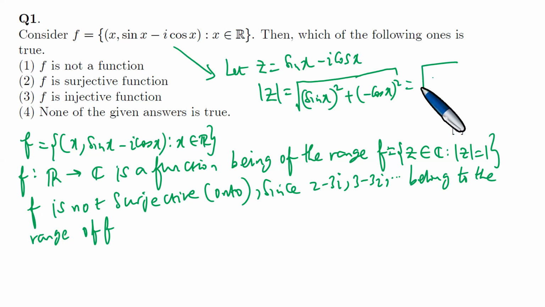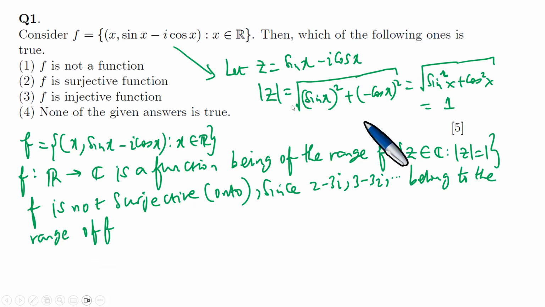So you have sine squared x plus cosine squared x. What is sine squared x plus cosine squared x? That one is 1, square root 1. And hence that is why we have that this is the property.